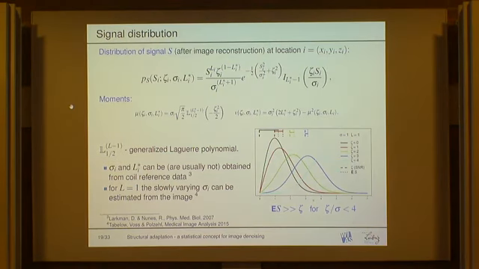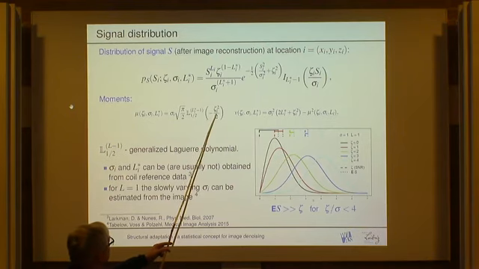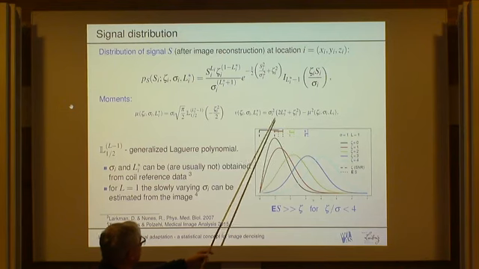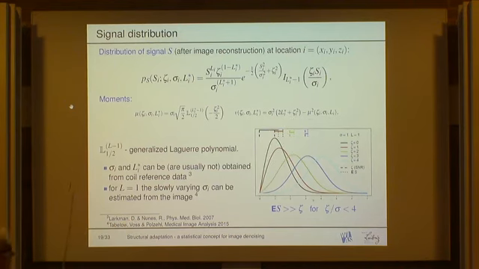So that's again the signal distribution. So you have first moments depending on the noise-free signal theta_i that we want to use in modeling, and the variance also depending on the scale parameter sigma and on the number of coils.